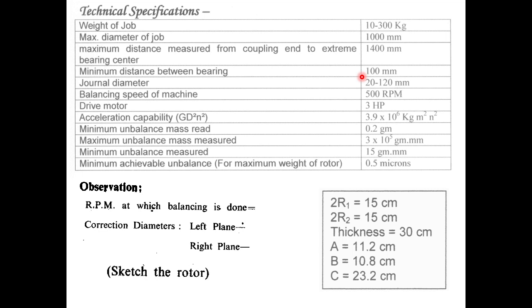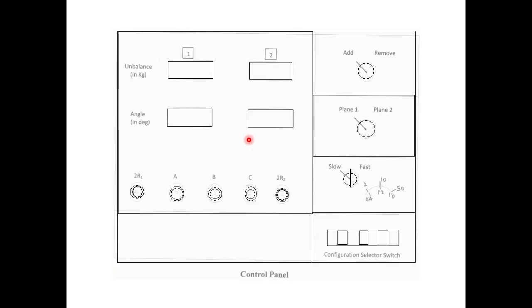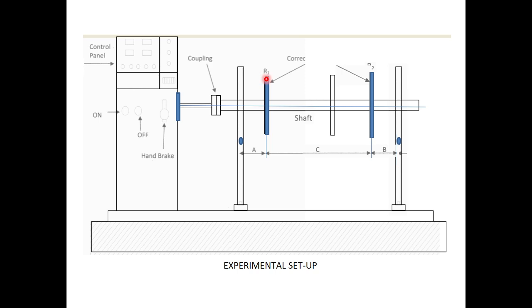Okay, this is clear. So it measures vibration here, and what I was talking about is the direction. This is the indication of the correction mass, which is to be placed at a particular angle at the outer radius.